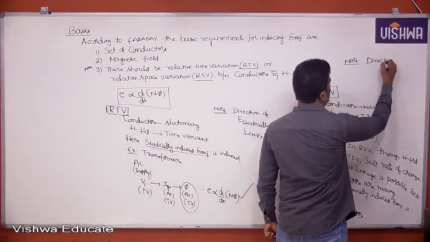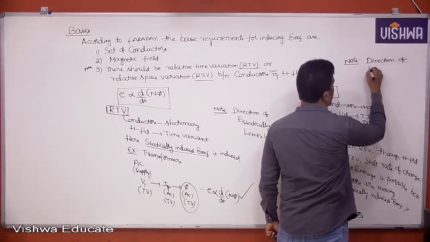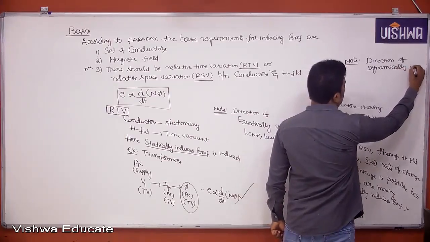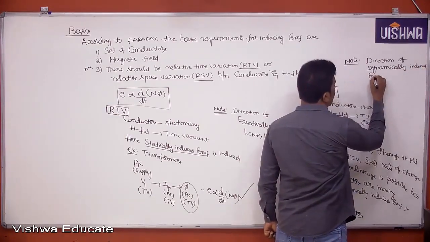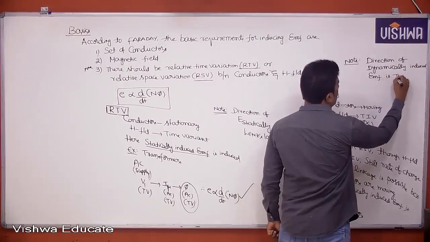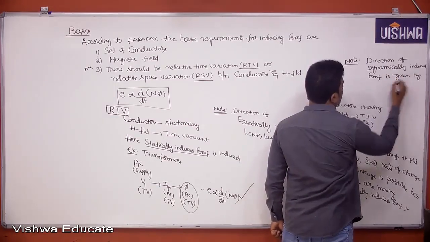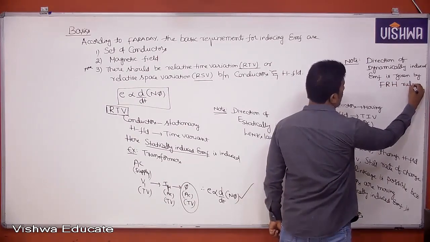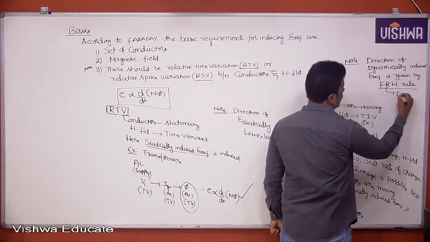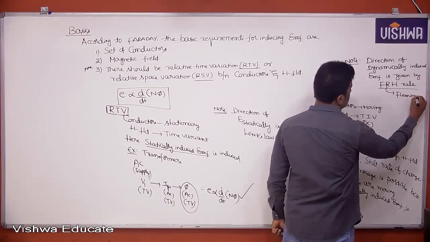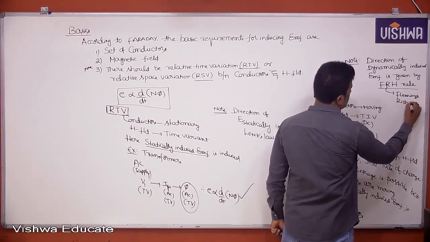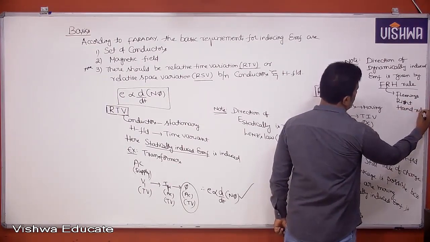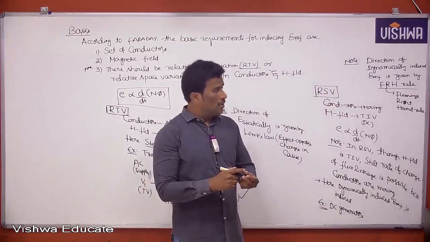Direction of dynamically induced EMF is given by Fleming's right hand rule. Fleming's right hand rule.